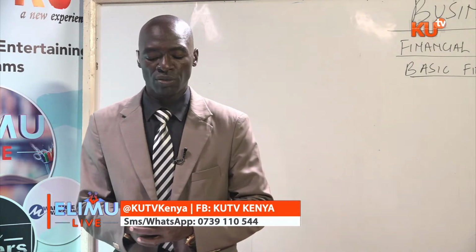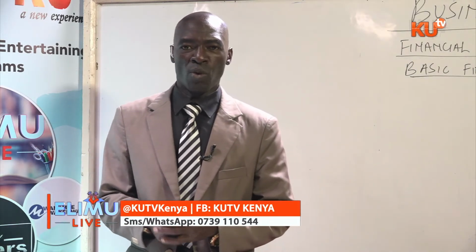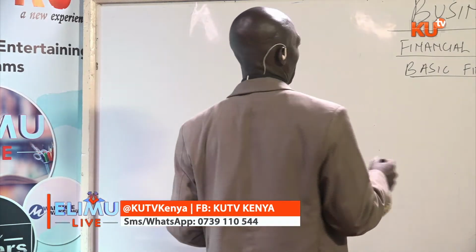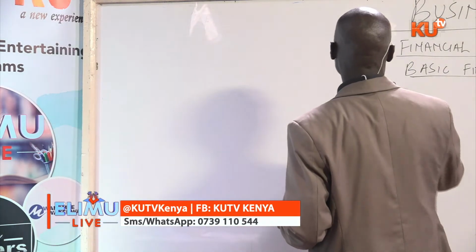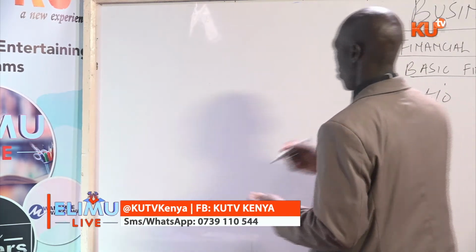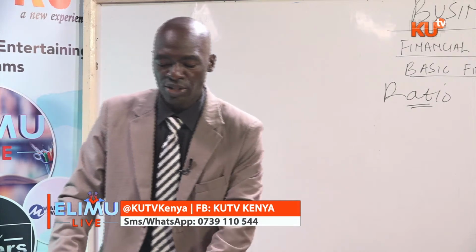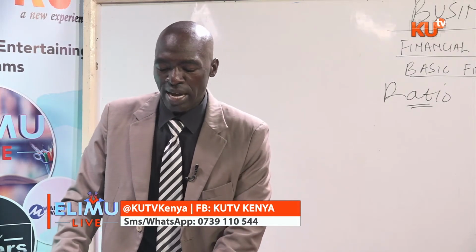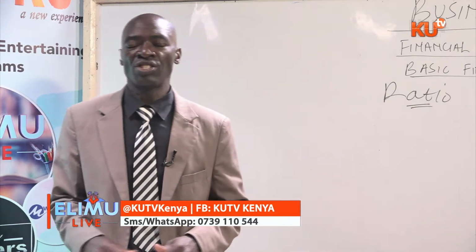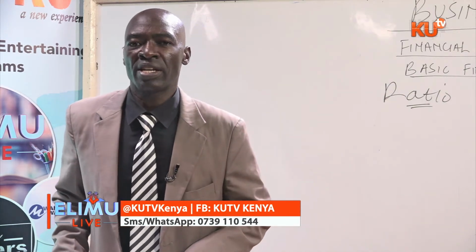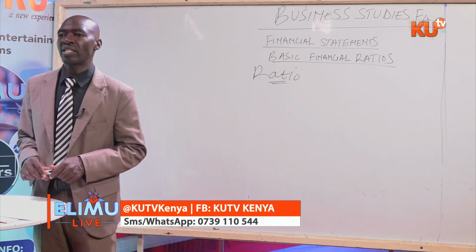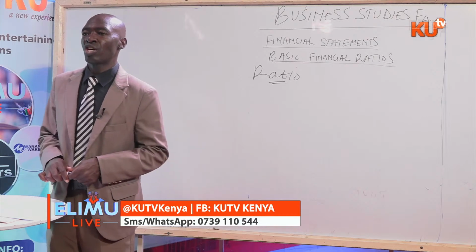Introduction. So what is a financial ratio? First of all, what is a ratio? In this case, a ratio is an expression of an item in relation to the other.